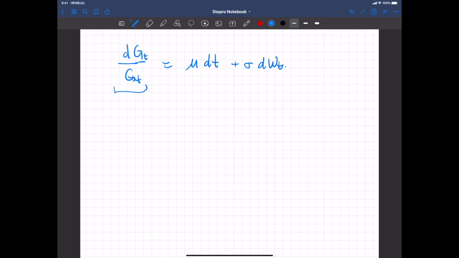If you use the chain rule, so to speak, although we cannot really differentiate it, this dg over g would be something like the differential of log of g, right? So if you differentiate this, you should have something like this. So this implies that log g behaves something like the standard ordinary Ito process.